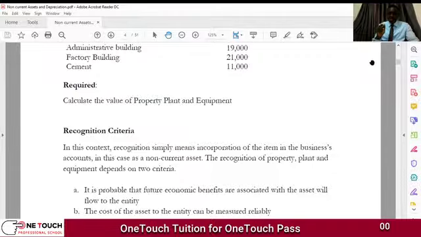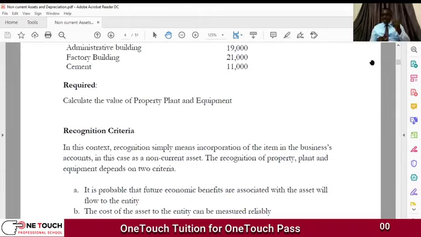An item must be recognized as property, plant, and equipment to the extent that, one, it is probable that future economic benefits associated with the asset will flow to the entity; and two, the cost of the asset to the entity can be measured reliably.